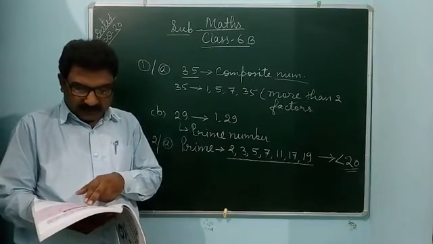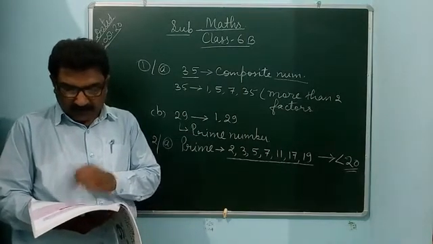Part C. Make a list of 7 consecutive numbers, none of which is prime.